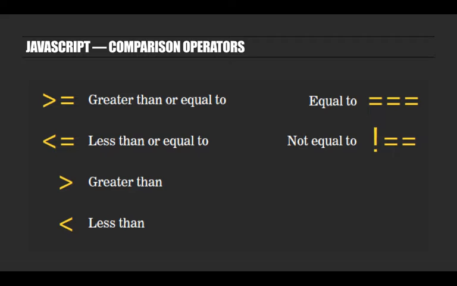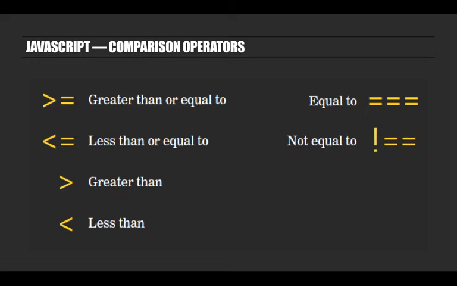So you have these comparison operators. With comparison operators, first of all, what I want to make clear is when you have one equal sign, like we were doing before when we were setting variables, that's called an assignment operator. So one equals is an assignment operator because you're assigning a value to something, versus when we're using these equal signs, so a triple equals, there's also a double equals, that's just comparing things.